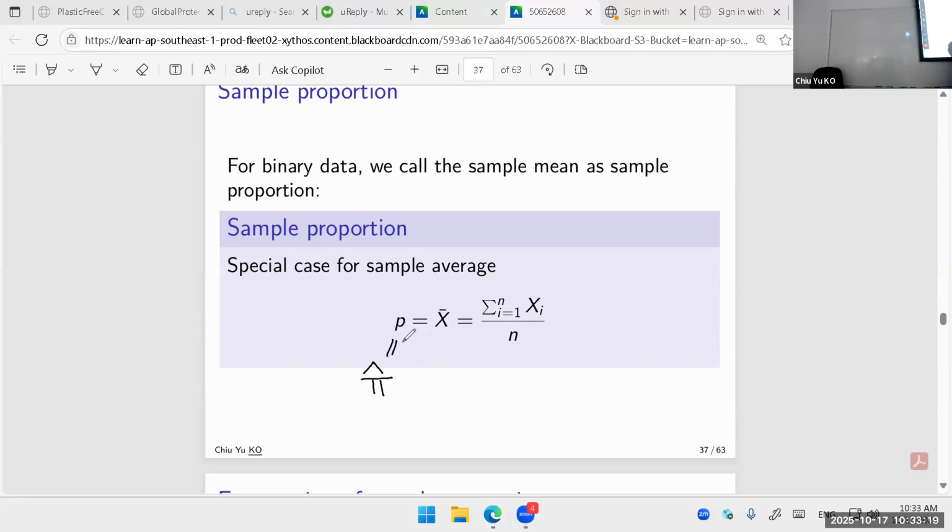So sometimes the book with the hat is the version that you try to guess. So in some textbooks, mu is the population mean, and the sample version we use in our class is X bar, but in some cases some books will use mu hat. It's to guess this, but they're the same thing.